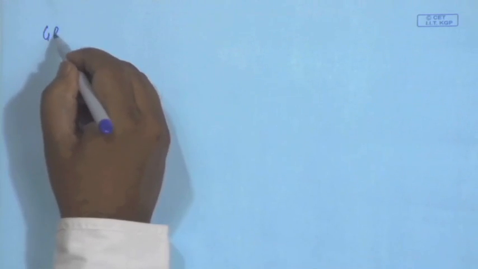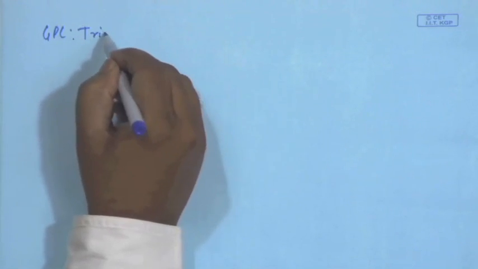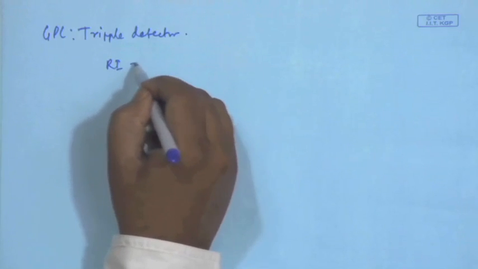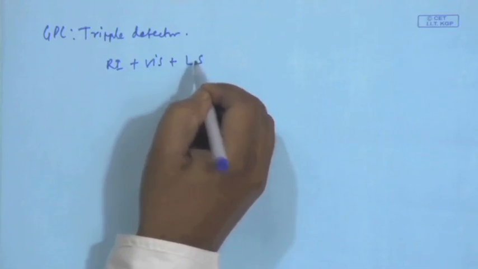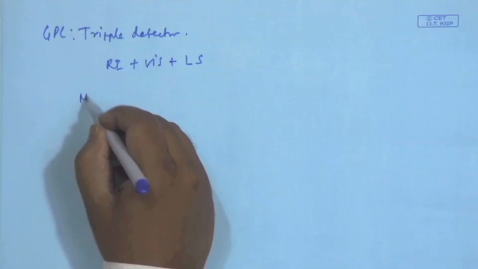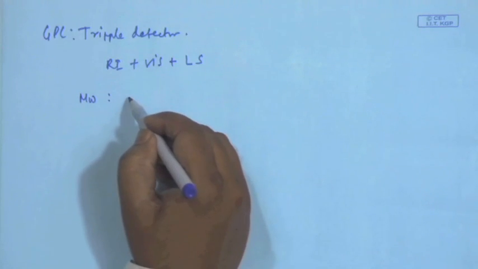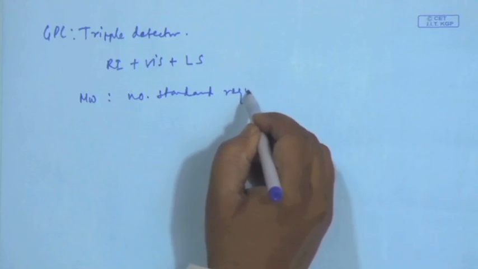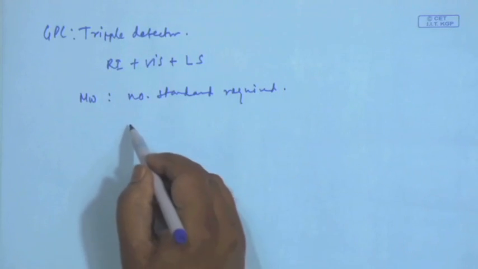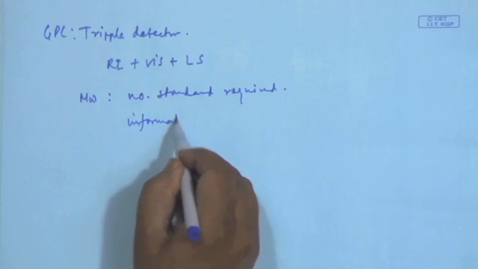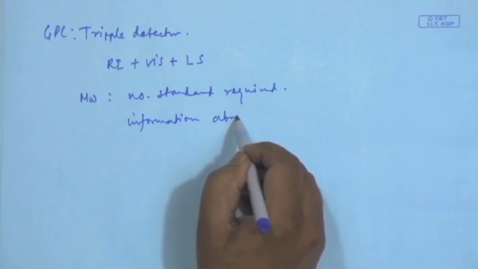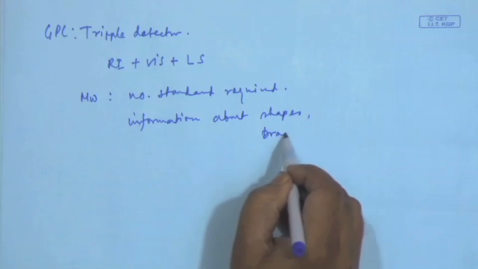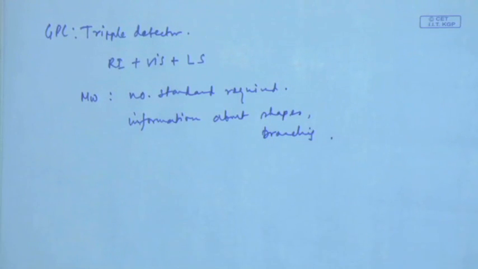And if we have GPC with a triple detector, RI plus viscosity plus LS, light scattering, we get molecular weight with no standard required, we can get absolute molecular weight, and we also get information about the shapes of the polymer, branching, etc., with this detector.